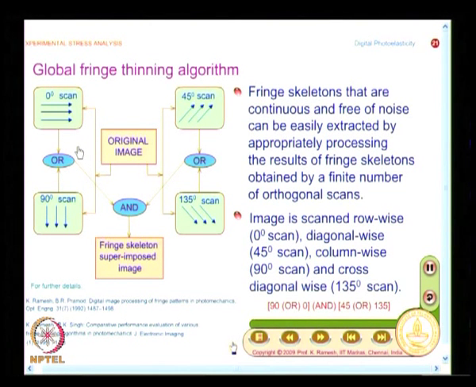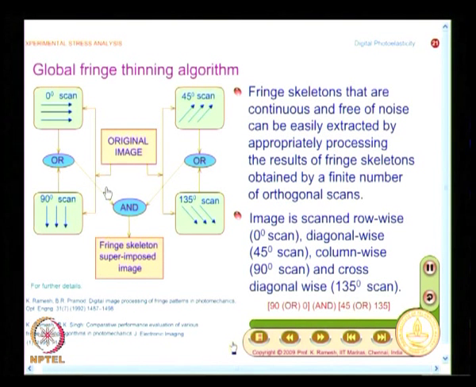What we found fortunately was that when you do the other orthogonal scans, the 45 degree scan and 135 degree scan, and do the OR operation, you get the complete fringe skeleton with noise, but the noise you get in this orthogonal set is different from what you get in the first set.